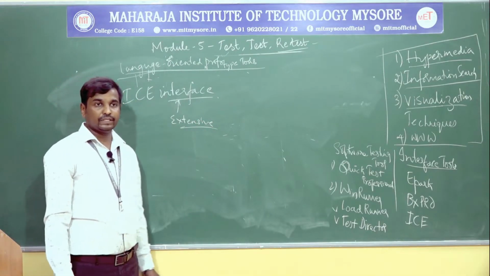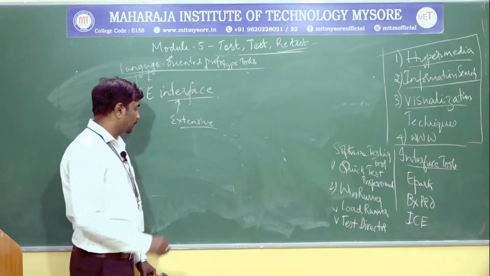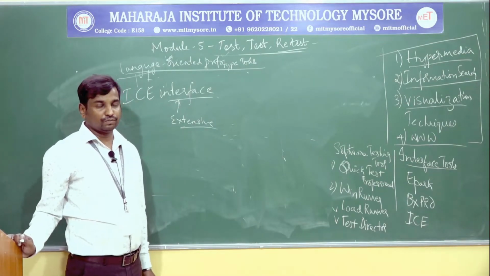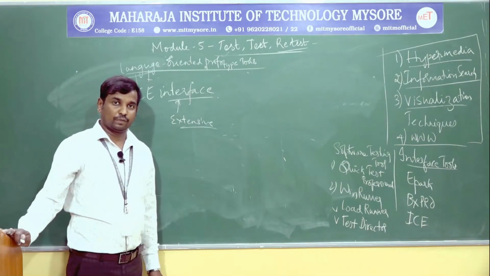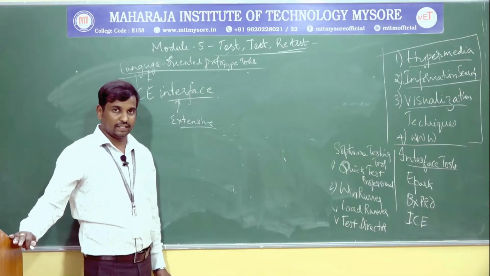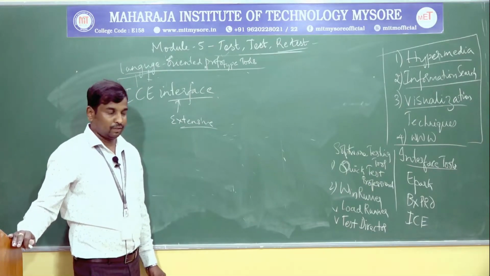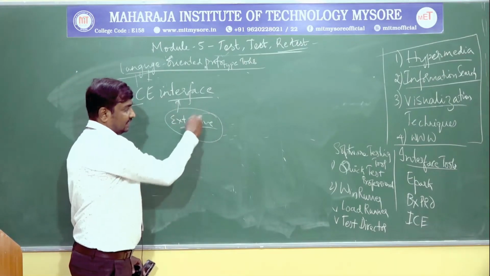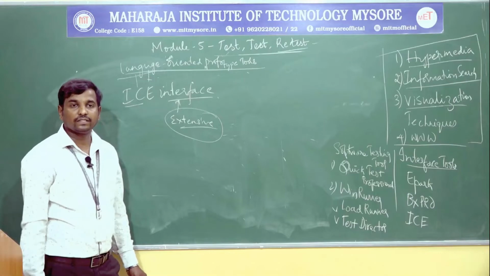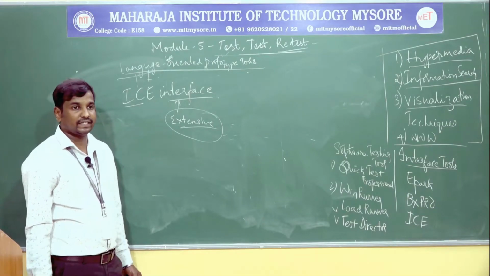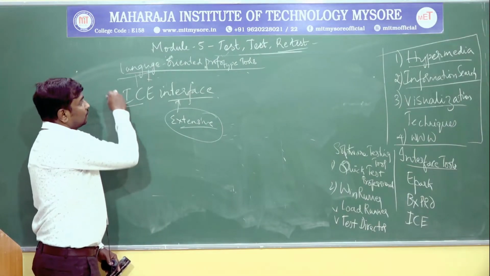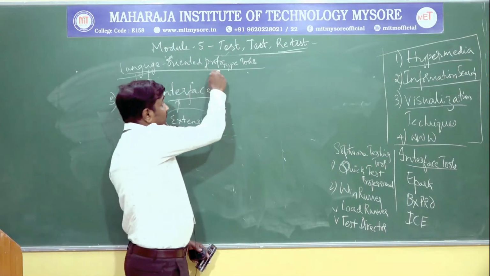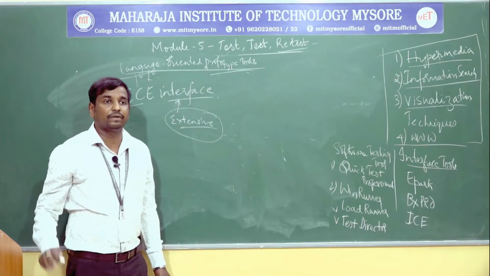Whether we are using the proprietary interface tools for test bed type prototypes, or a C++ Java type of prototype, if you are using ICE interface, it is something like an extension tool. We call it a template for developing. This is the third type of prototype testing tool available.